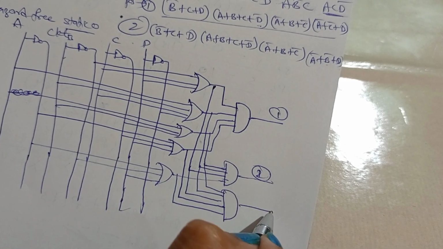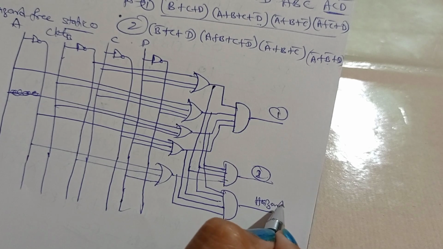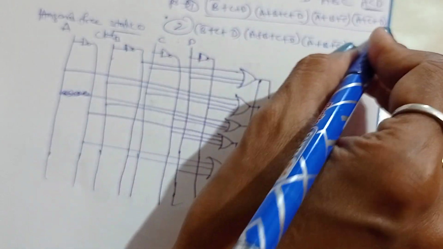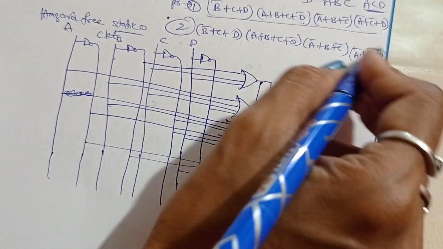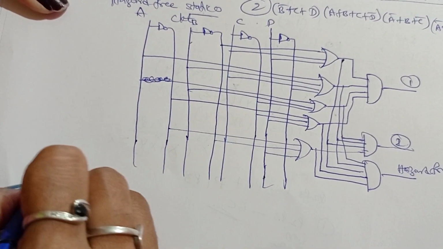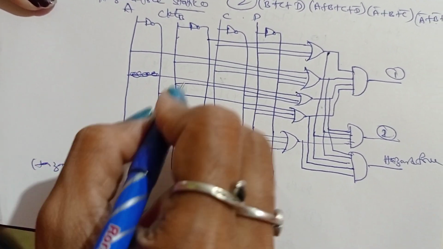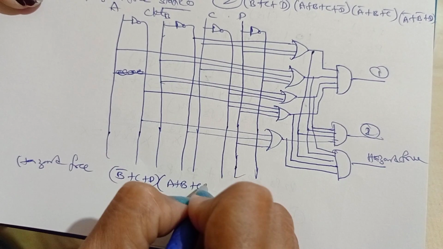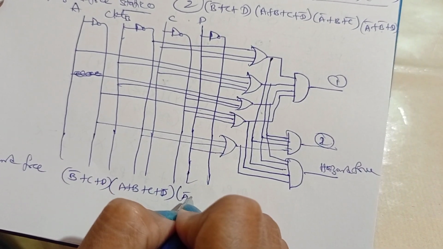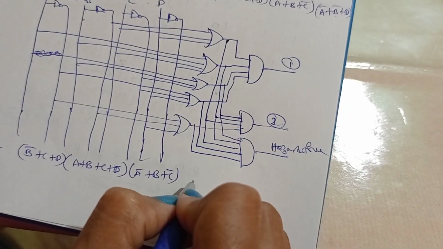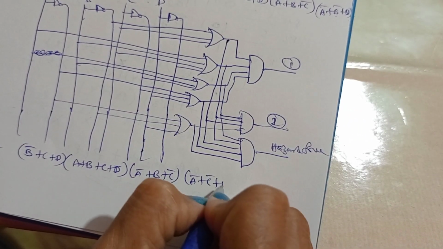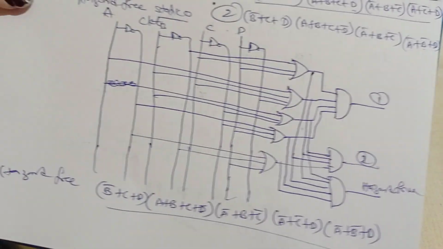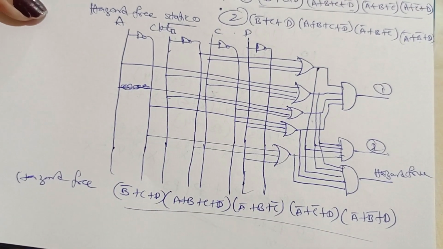This is the hazard-free circuit. The hazard-free expression is the same: all these four terms with this term, that is B bar plus C plus D, A plus B plus C plus D bar, A bar plus B plus C bar, A bar plus C bar plus D, A bar plus B bar plus D. This is the hazard-free expression and circuit.